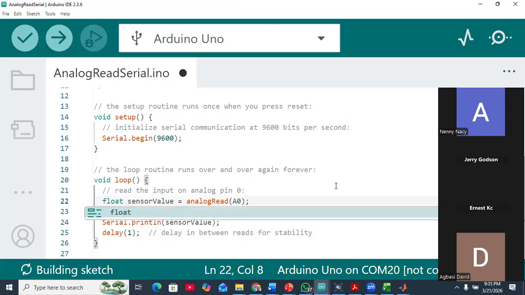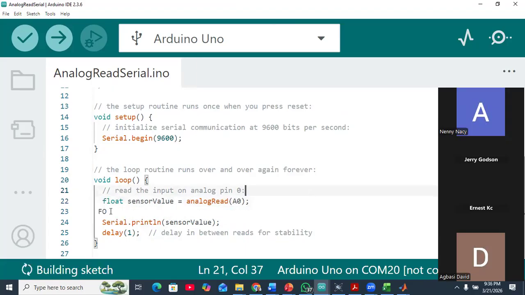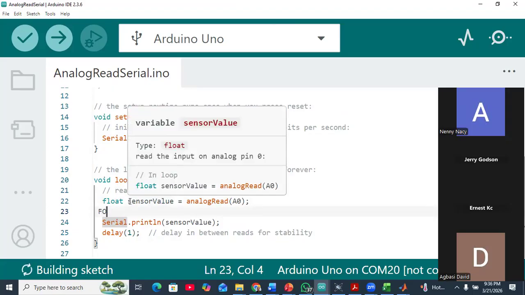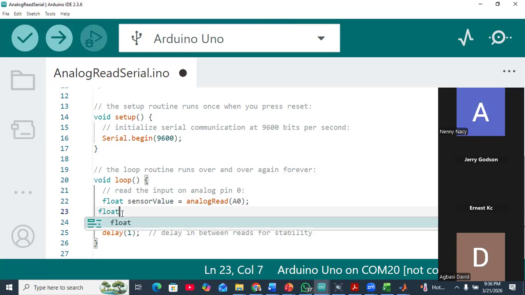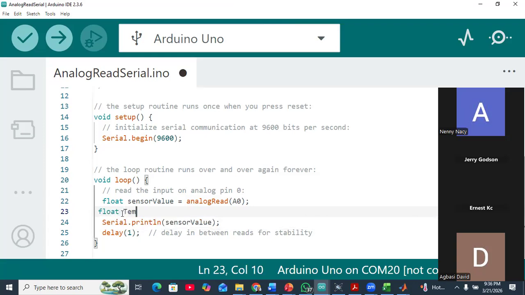Float, we can call here temperature. Okay, sensor value. We can say float temperature is equal to sensor value.